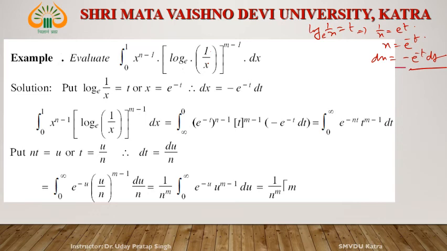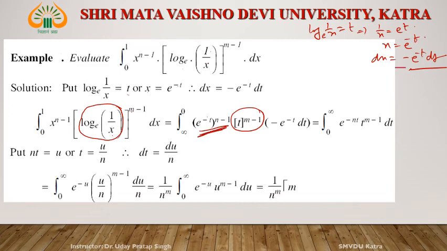Okay. So what is this term? This term is t, so t to the power m minus 1. Okay. x to the power n minus 1: what is x? x is e to the power minus t, so e to the power minus t to the power n minus 1.